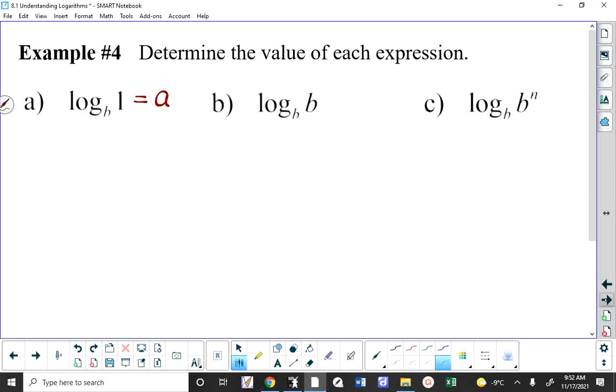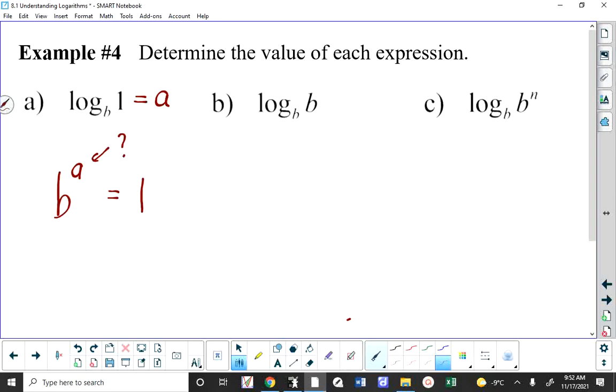And I would write this as b to the a equals 1. Don't forget, we are trying to find the value of a, because a stands for answer. A is what this is equal to. So the question is the following. What number would you put up here so that when you raised that as a power of a base, you would get 1?